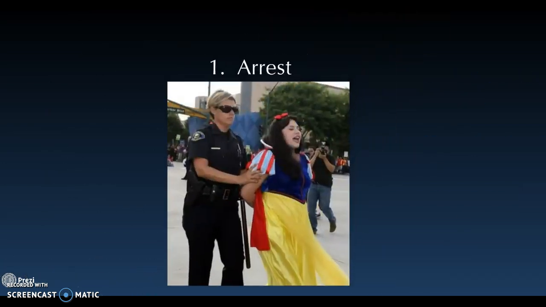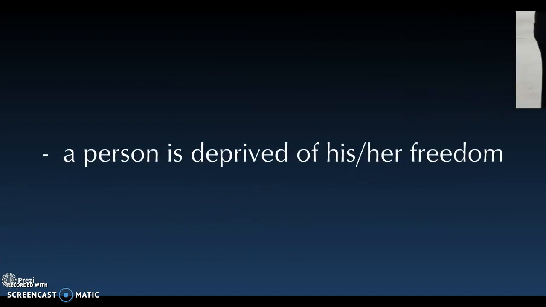The first step then in this whole process, the Miranda rights is not necessarily a step. So we're starting with step 1, the arrest. And when someone is arrested, that's when they're deprived of their freedom. There's a difference between being arrested and being detained.